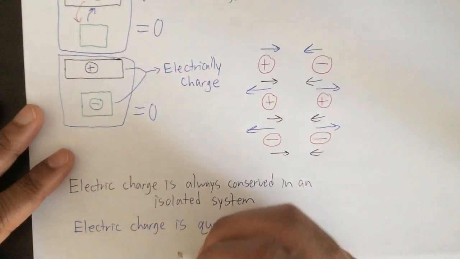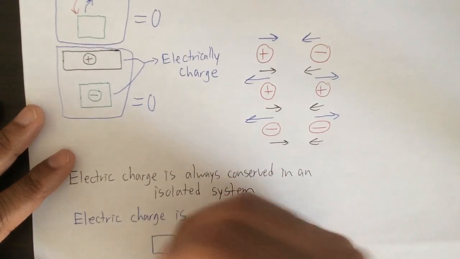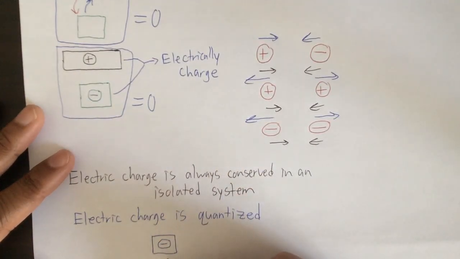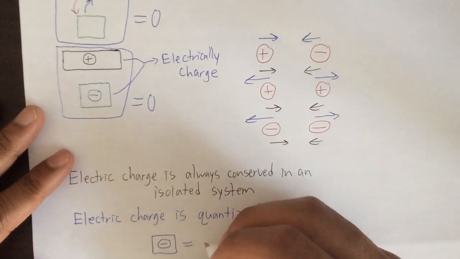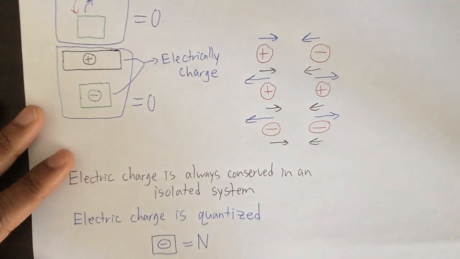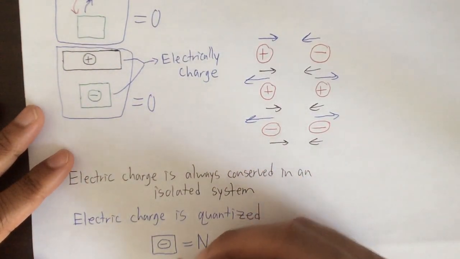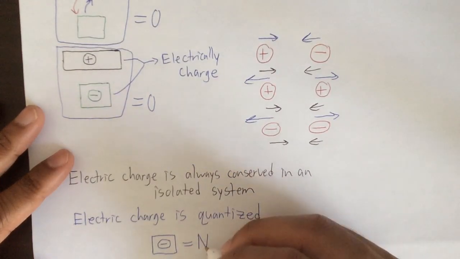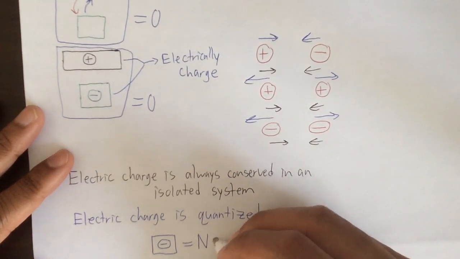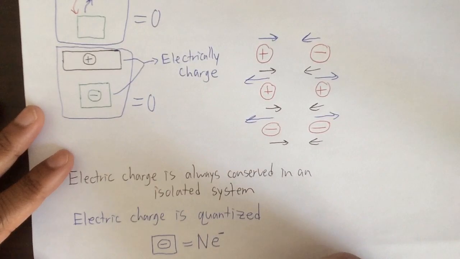So all that means is that let's say we have a box, and the box has a total net negative charge. So the total net negative charge of this box is going to be equal to n, which is an integer. It could be 1, 2, 10, 100, 1,000. You get the idea. And the total net charge of this box is going to be equal to an integer n times the charge that exists in one electron.